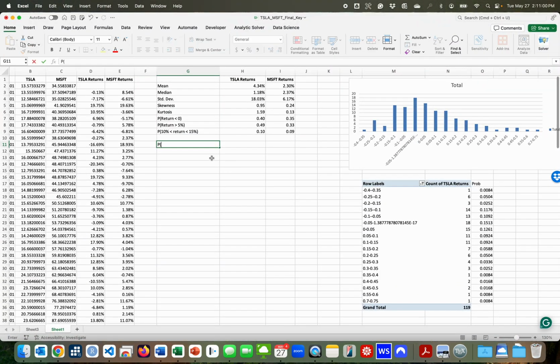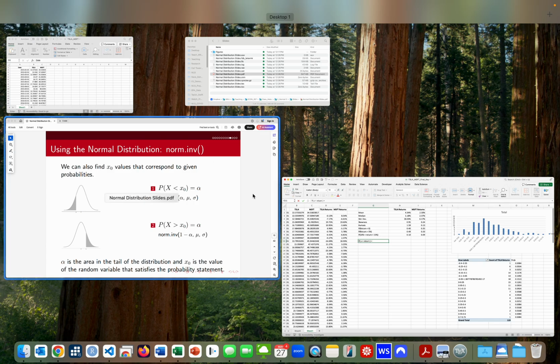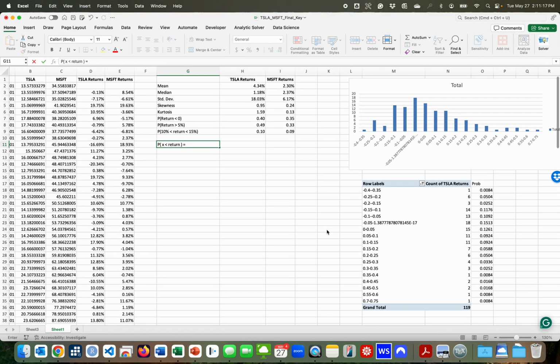So I want to know the probability of x being less than return equals, I'm gonna call this 0.1.